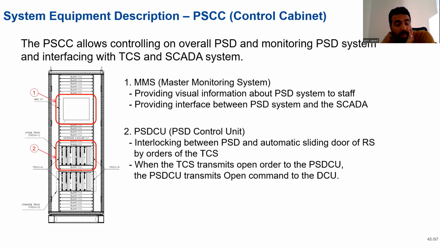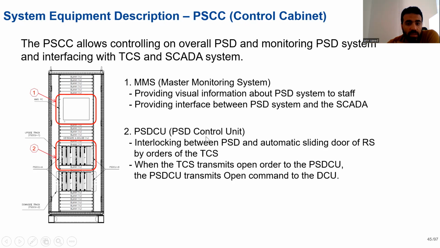Here, the cabinet of PSD, the main brain of PSD system, which interfaces with TCS system and the SCADA system. It's composed of mainly two major components: MMS, master monitoring system, which gives you visual information about PSD system, and also the interface between PSD and SCADA system.